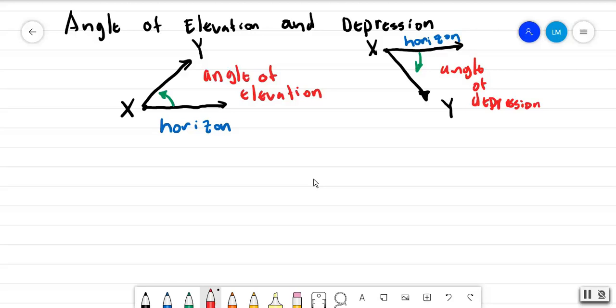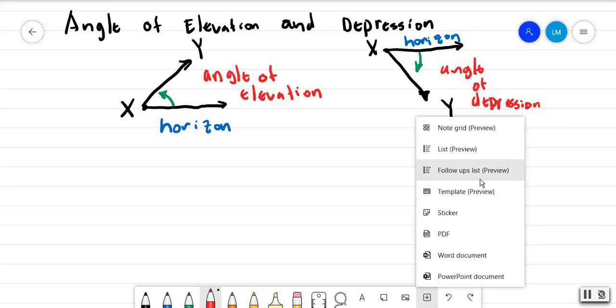Before we get to the next example, there's sort of a process that you use to solve these questions.